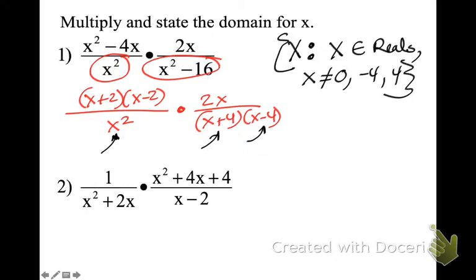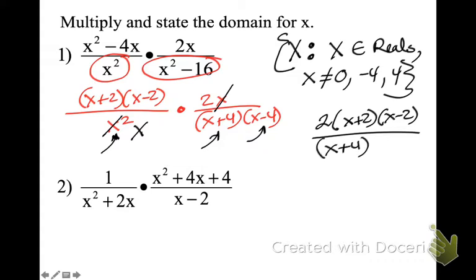Okay? Close the braces. Now I'm ready to also finish multiplying it, but before I do that, I'm going to reduce it. I can take an x out there, I'm left with an x. That's all I can get rid of, right? So I'm left with 2 times x plus 2 times x minus 2, and this is all x plus 4, x times the quantity of x minus 4.